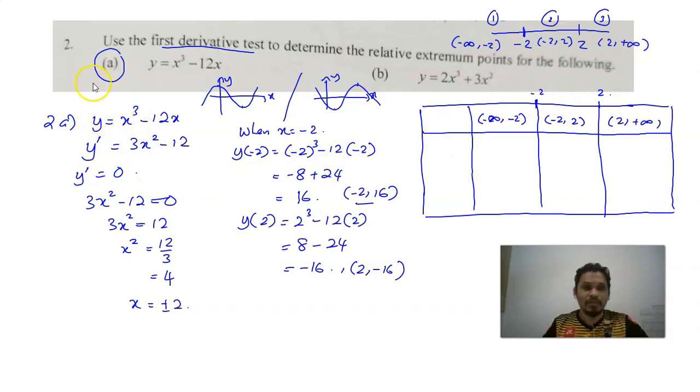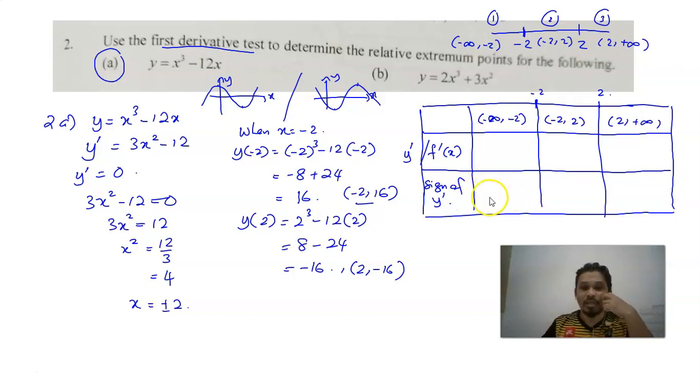From y equal to x cubed minus 12x, if we can factorize, we may factorize this one. Do we need to factorize this? No. Then we substitute into f prime x, or y prime, and look at the sign of y prime.